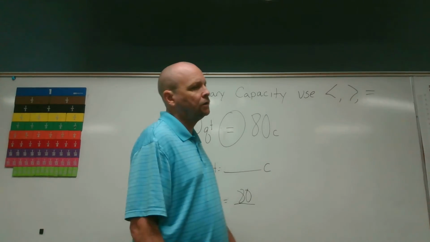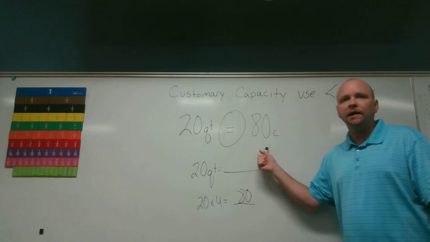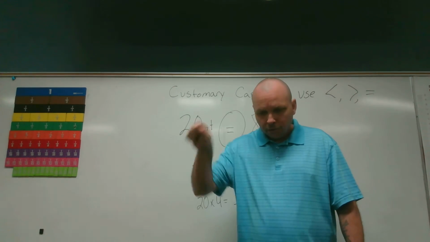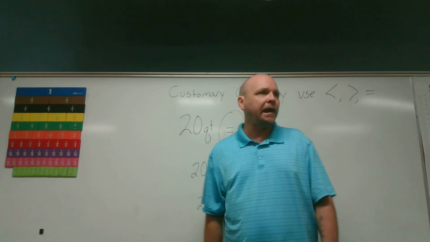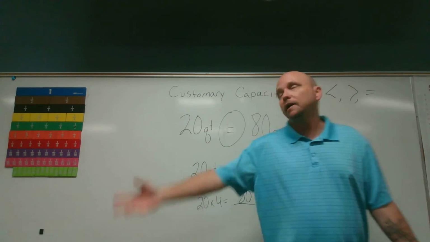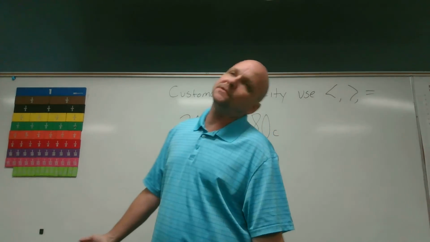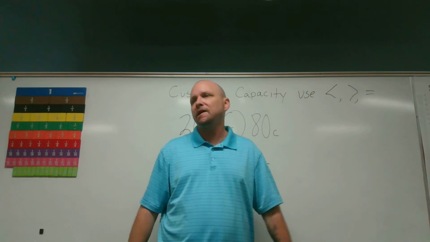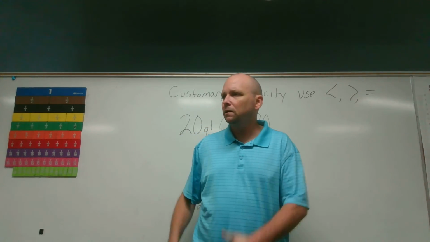If I was making a recipe for punch and it needed 80 cups, what a beating that would be. 1 cup, 2 cups, 3 cups, 4 cups, 5 cups, going 80 times? I could do 20 quarts easier, or I could change those 20 quarts to gallons to make it even easier. It would be 5 gallons, as my young friend who knows how to do everything just told me.